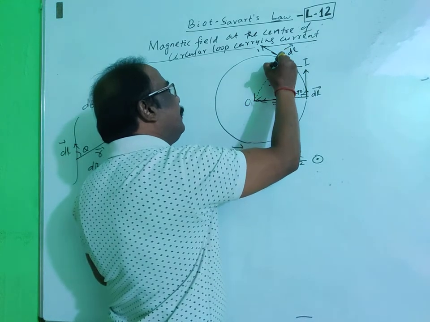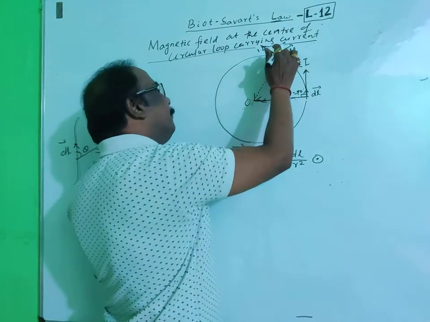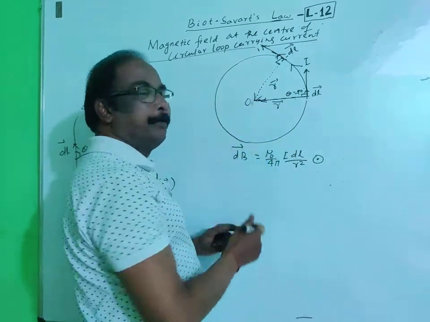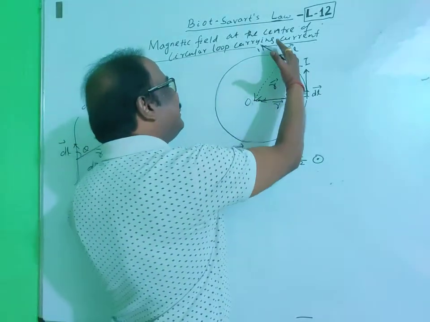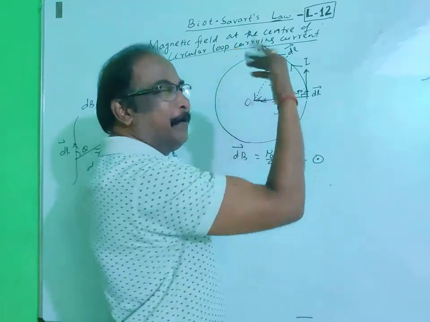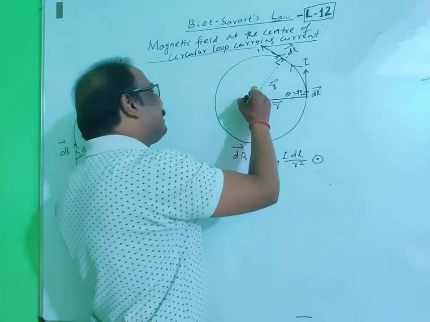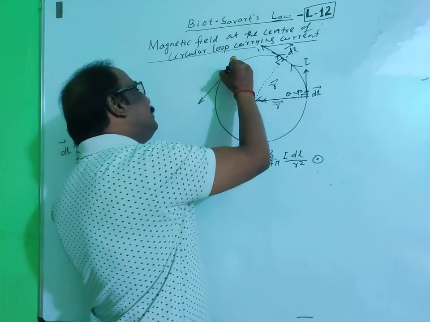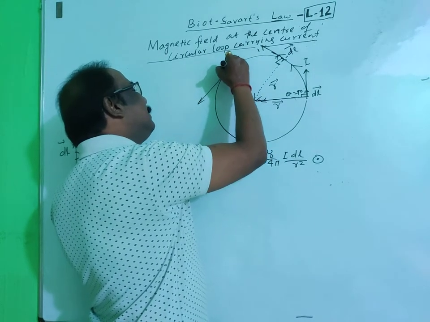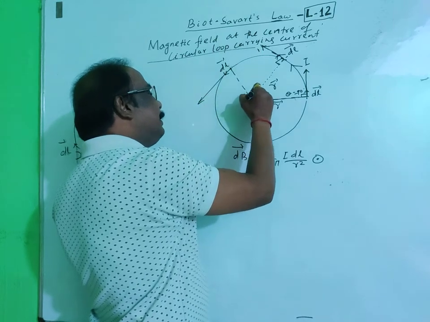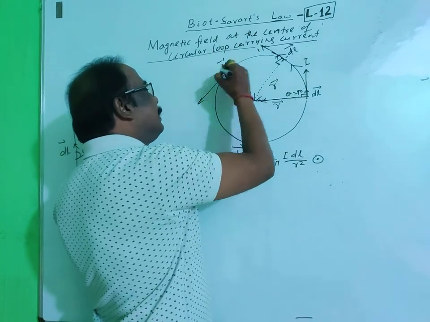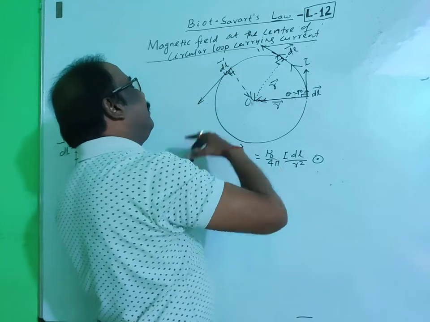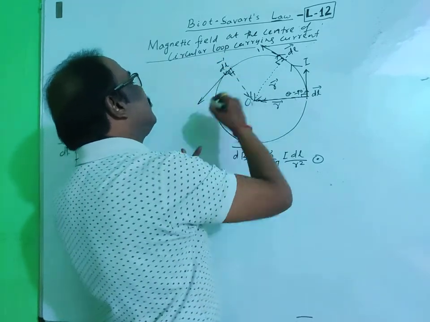The angle between dl and r is again 90 degrees, and again the magnetic field is the same, and the direction is dl cross r, again outward. You may consider here dl along the tangent, and this is the direction of r, and this angle is again 90.